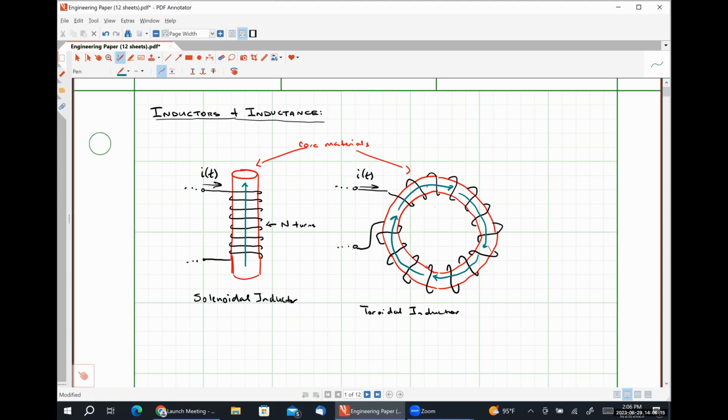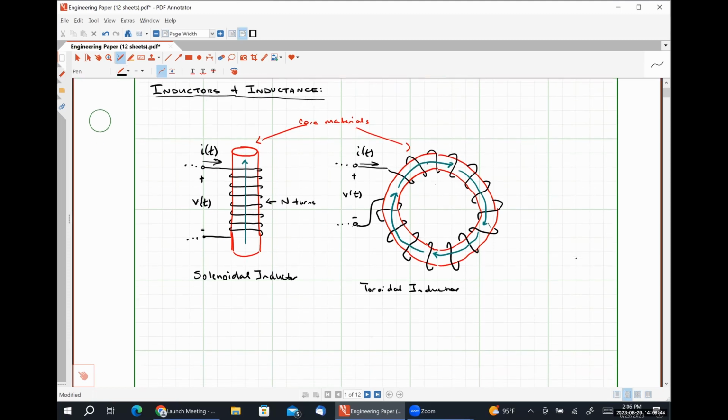Now, if the current is time varying, we will electromagnetically induce a voltage across the terminals of the inductor. I'm going to call that voltage V of t, positive polarity on top, negative polarity on bottom.